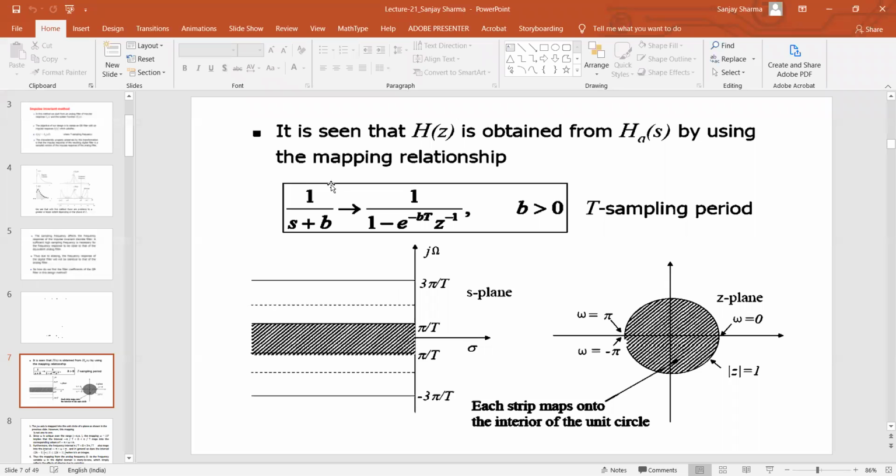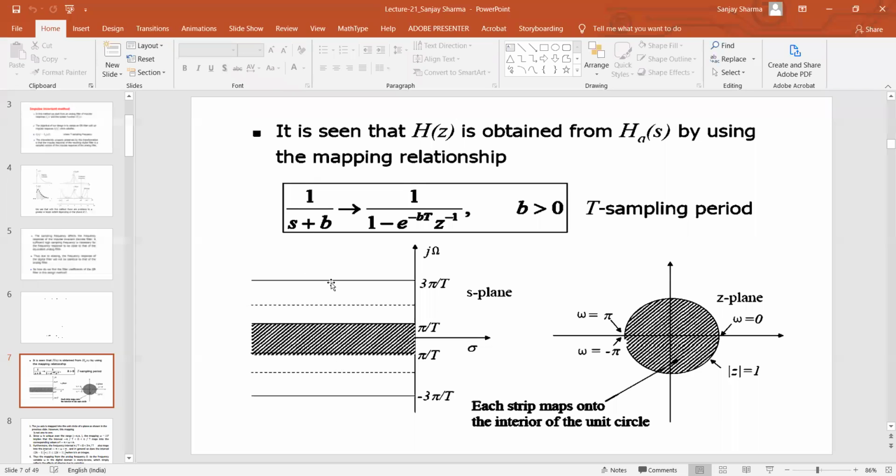All these strips within this frequency range will go inside the unit circle. Each strip maps onto the interior of the unit circle, which basically explains the aliasing problem.